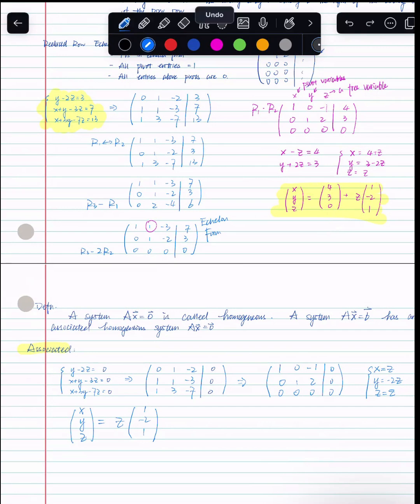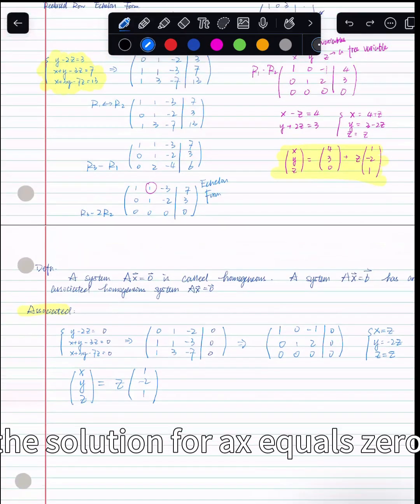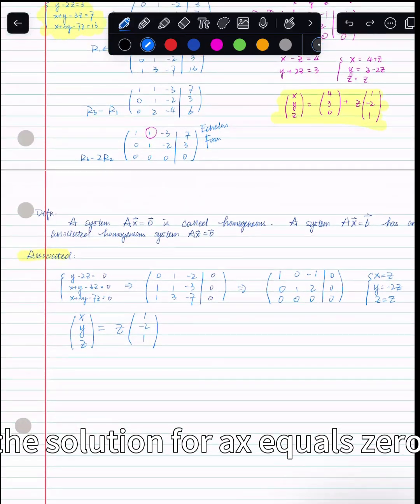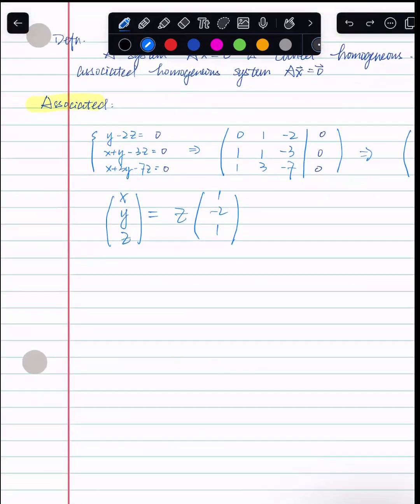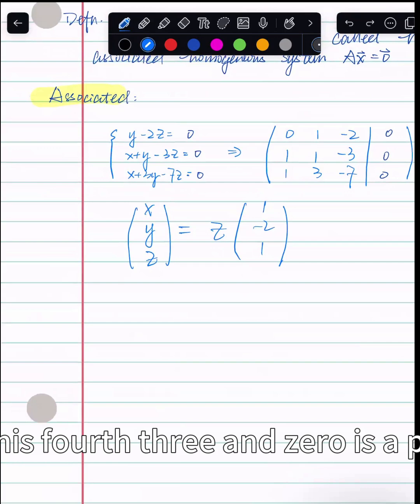So then, since we know the solution for Ax equals 0, and for any solution, okay, let's name this.